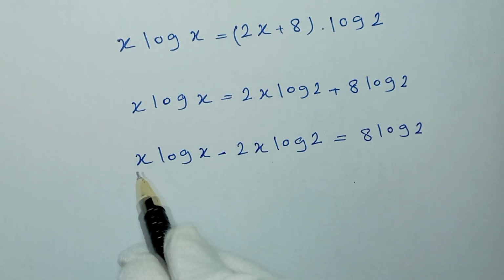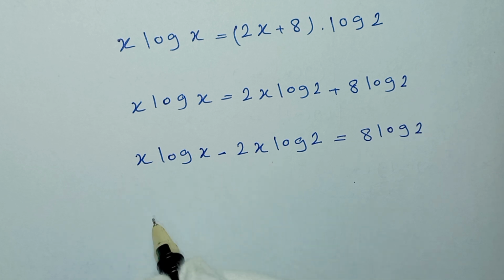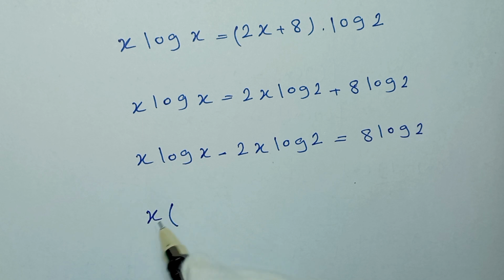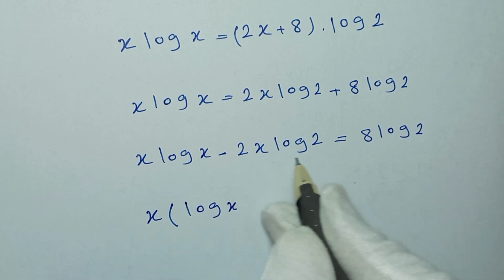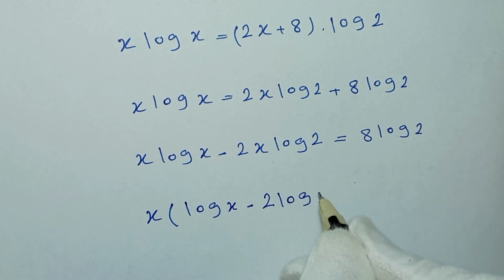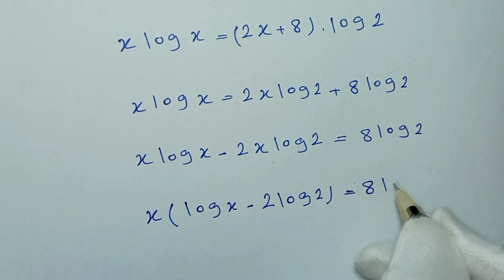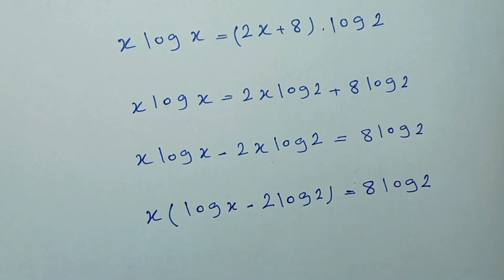And in the next step, in here x and x is common, so we can factor this x: this divided by this is log of x, and this divided by this is minus 2 log of 2, is equal to 8 times log of 2.